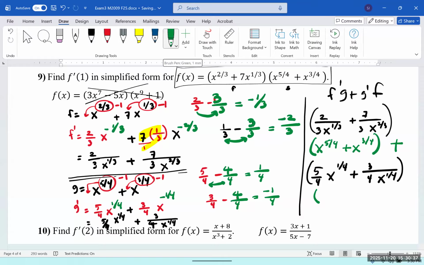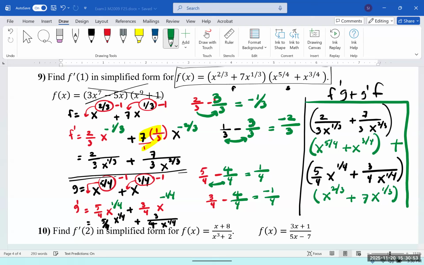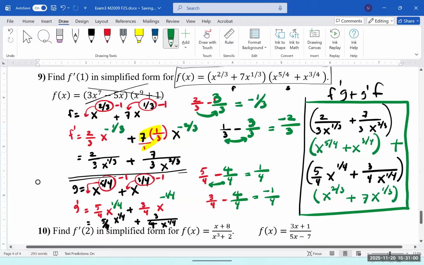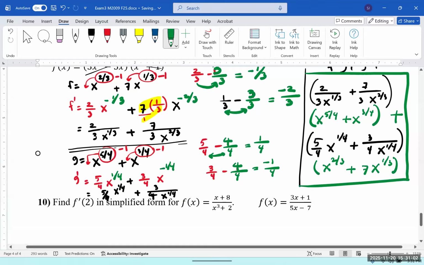Your f is x to the 2/3 plus 7 x to the 1/3. That's all you needed to do. That's the answer.